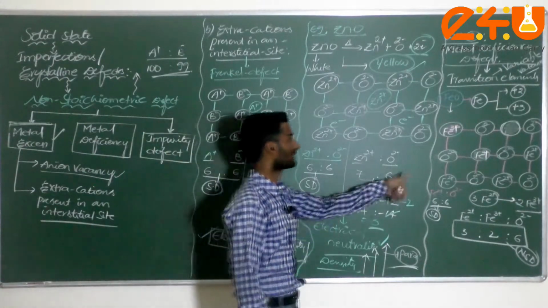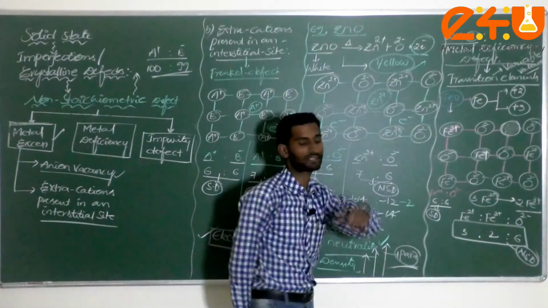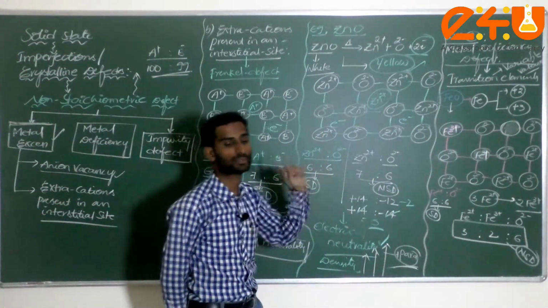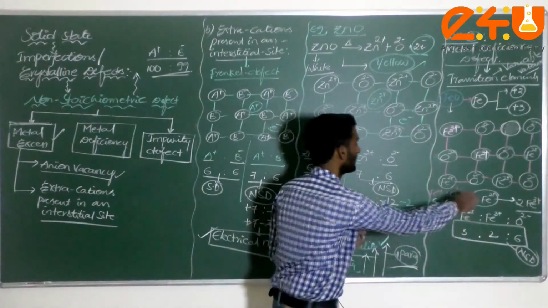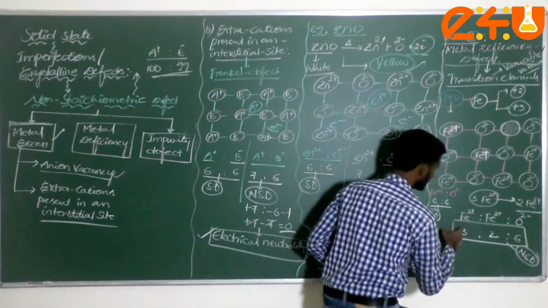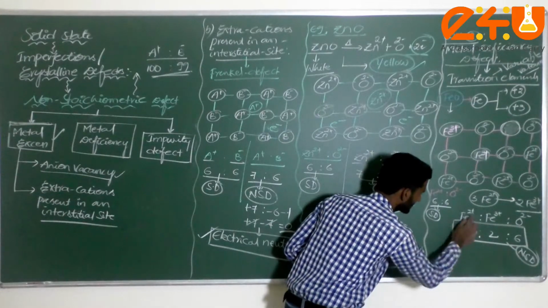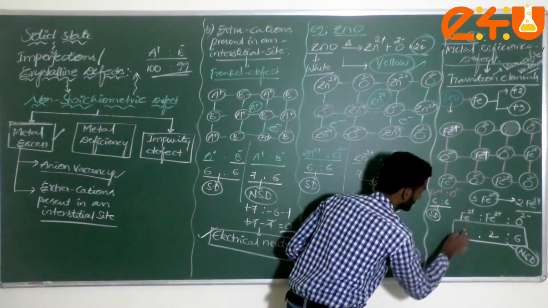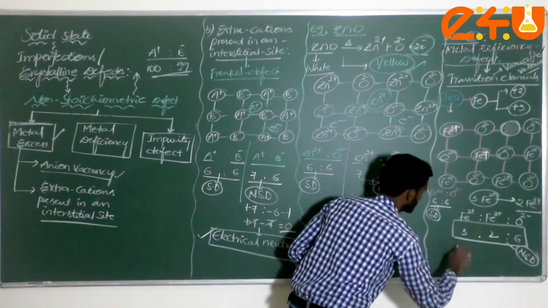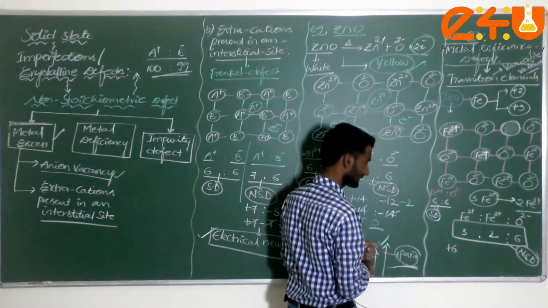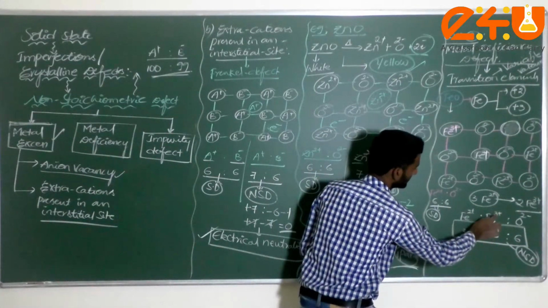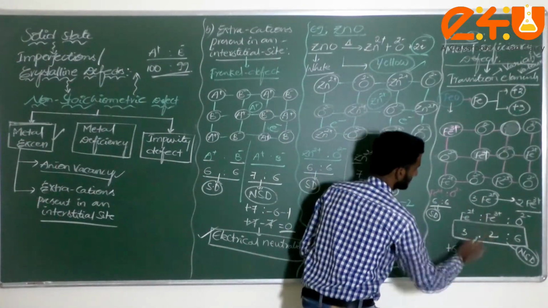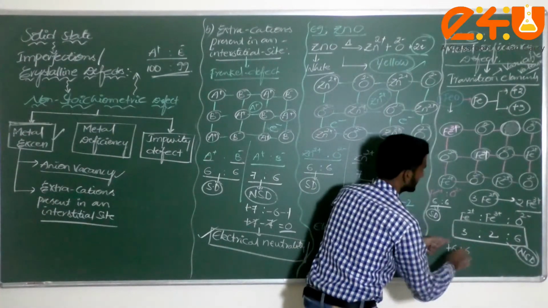Am I correct? Sir, whether this crystalline lattice maintains electrical neutrality or not, just check it. Now I am considering here Fe2+. How many charges, dear student? 2+. How many? 3. That means 3 into +2 is +6. Correct? Next one, how many +3? 2 into +3 is +6.